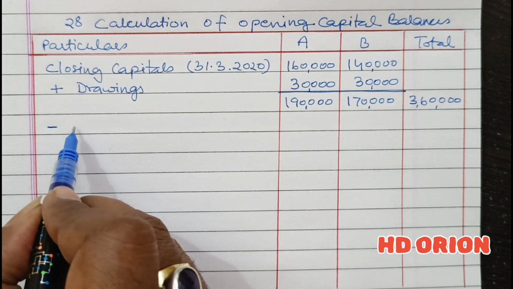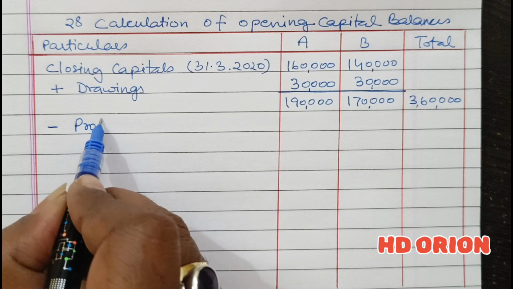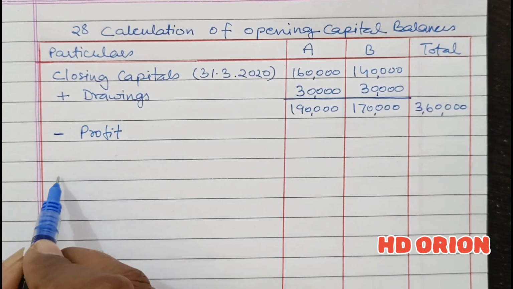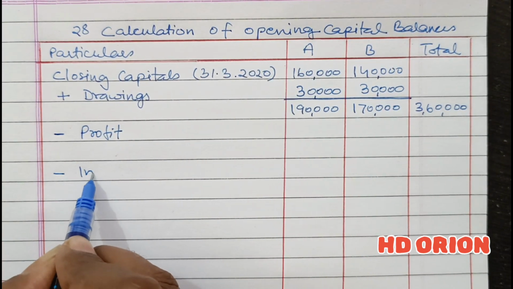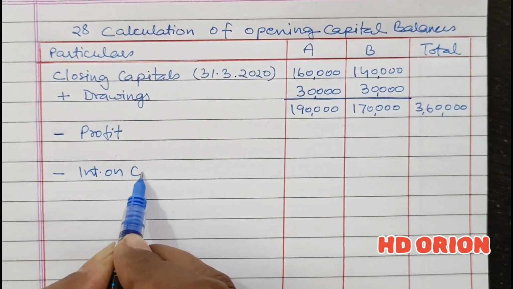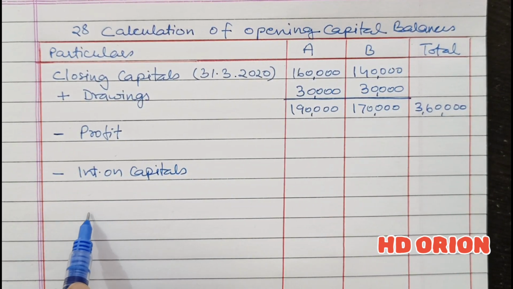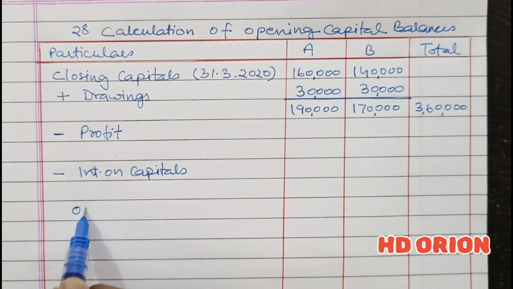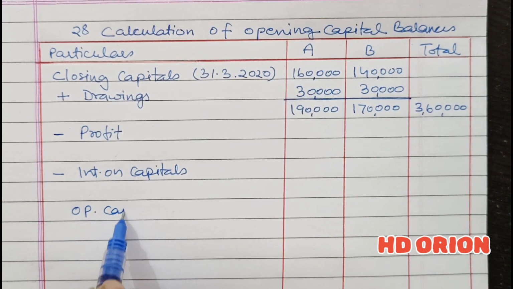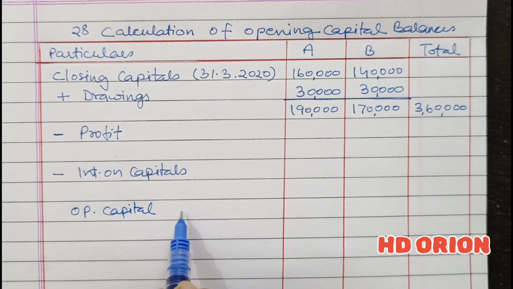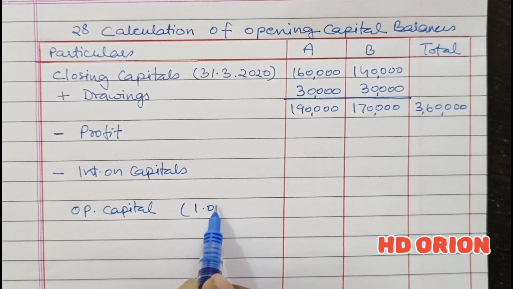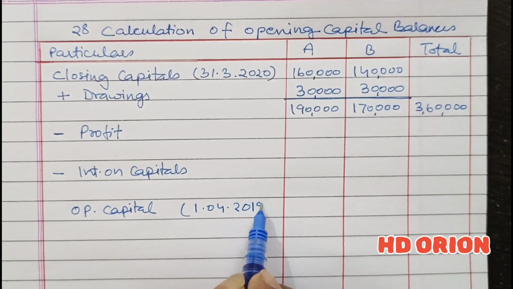So less profit and also less interest on capital. Then the remaining figure will be opening capital balance, that will be on 1st of April 2019.